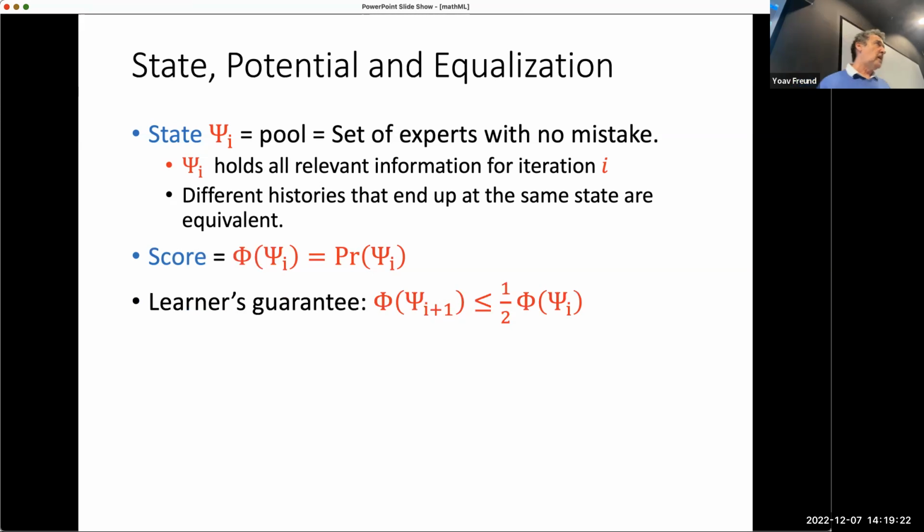The probability is over experts. It's a little bit of a strange way to talk about probability, because I'm not talking here about anything stochastic. I'm just talking literally about measure theory. So I'm just saying I have a set of all experts, and then I'm talking about a subset of it, and the distribution over all the experts is uniform.